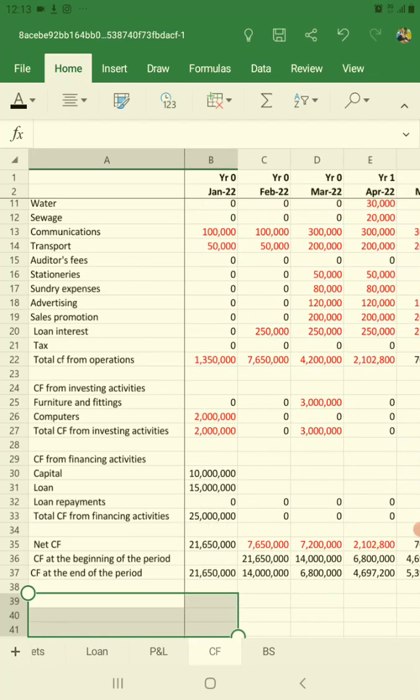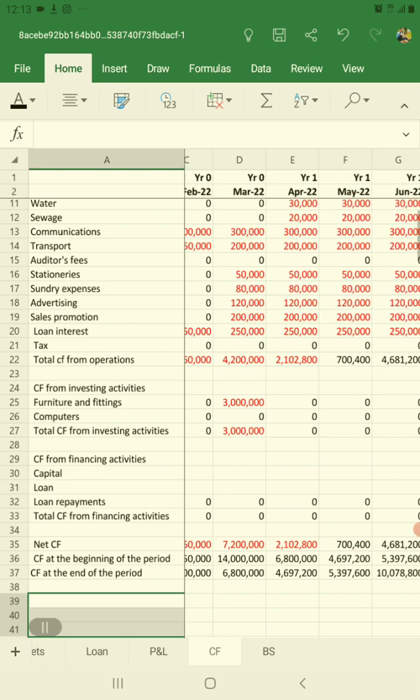Investing, we invested in computers in January, furniture in March, according to the assumptions we did.